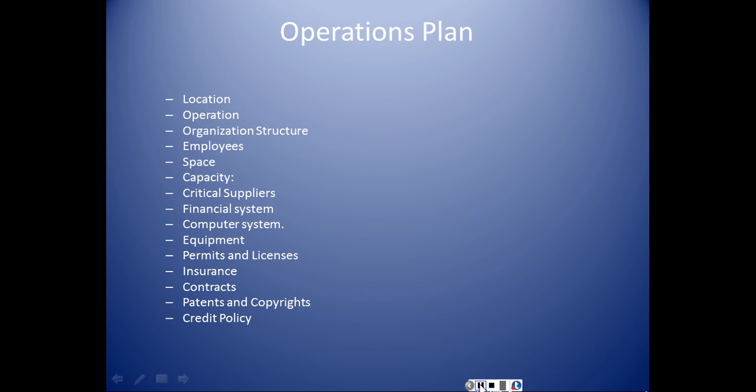So, to develop the operations plan, you have to identify the location in which you plan to operate. Even if that means you're going to operate in your spare bedroom, you must identify that you are going to locate in this location. Let's say you're going to have your own business at your house.